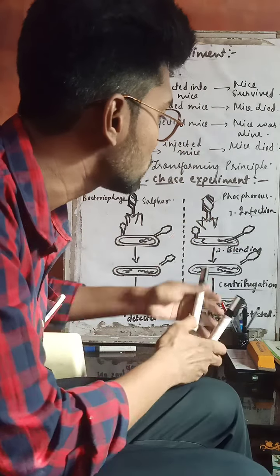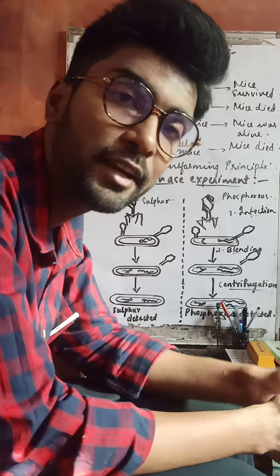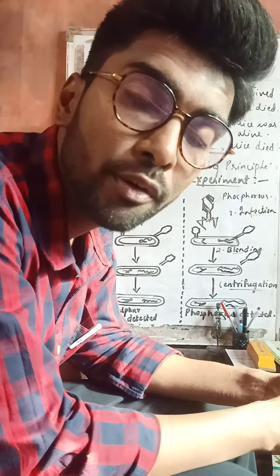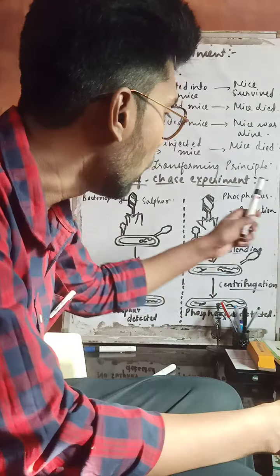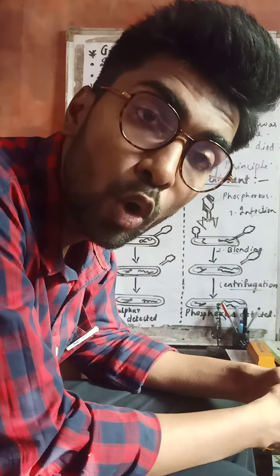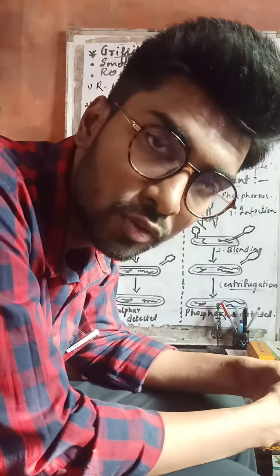Those viruses which were grown in the phosphorus medium contain radioactive DNA but not radioactive protein. Why does it contain radioactive DNA? Because DNA contains phosphate, or phosphorus, correct?